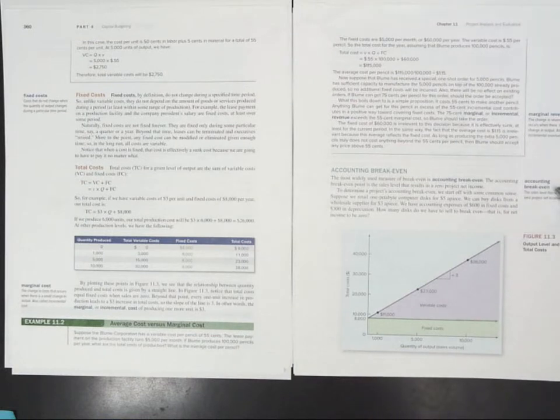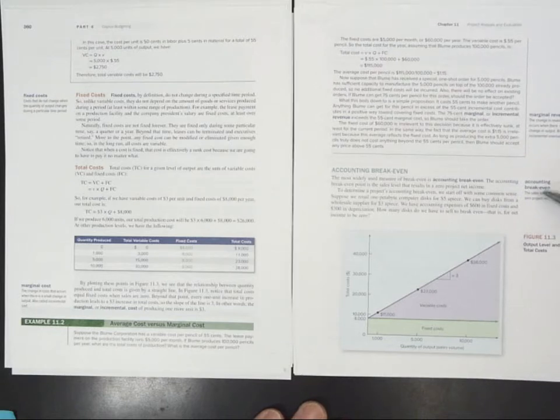And then we look at accounting break-even. And accounting break-even is the sales level that results in zero project net income. Remember, this is only about the project. It's that sales level that results in zero project net income.